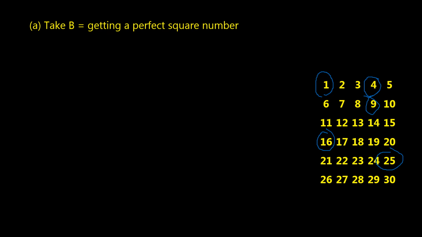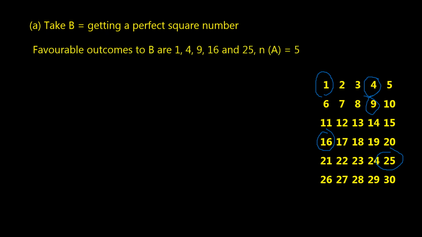That's why these 5 are square numbers below 30. That's why favorable outcomes to B are 1, 4, 9, 16 and 25. Therefore total 5 outcomes are favorable to B. That's why n of B is equal to 5.